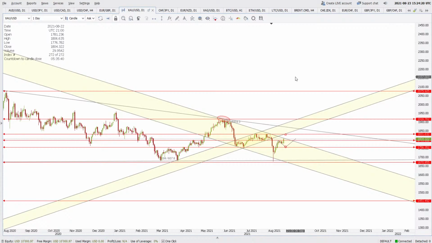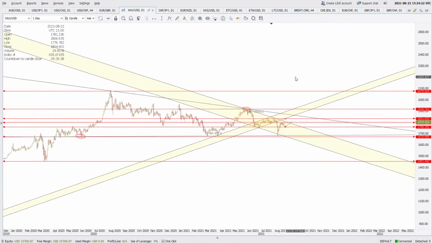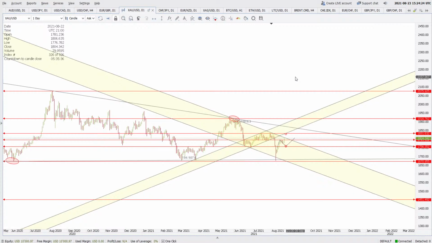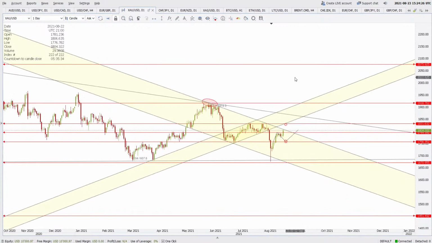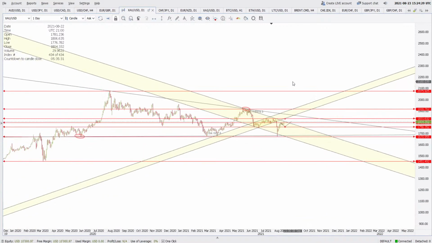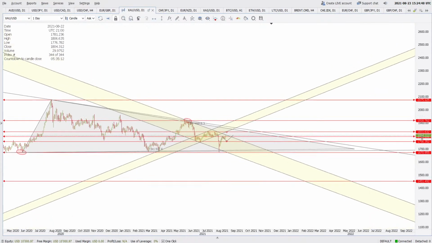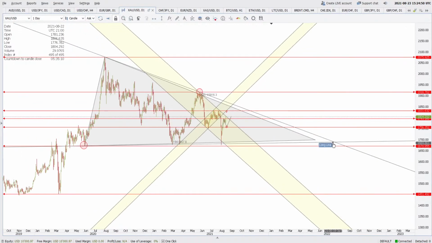Also, if you remember that we had drawn a triangle on the daily chart of gold, and this triangle actually starts from here. Maybe I should draw it again so that you know. All right, so you have to notice this triangle here.